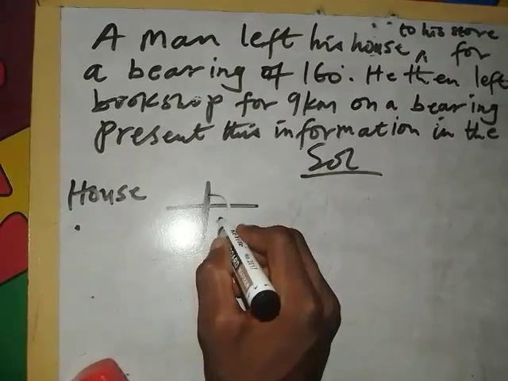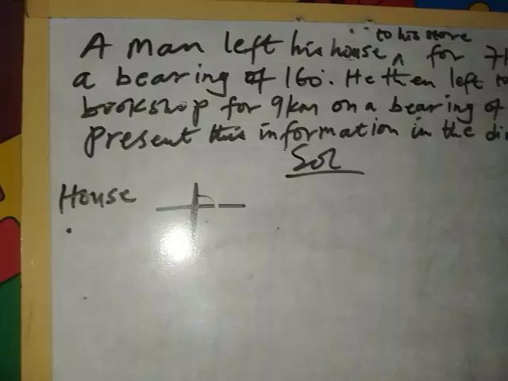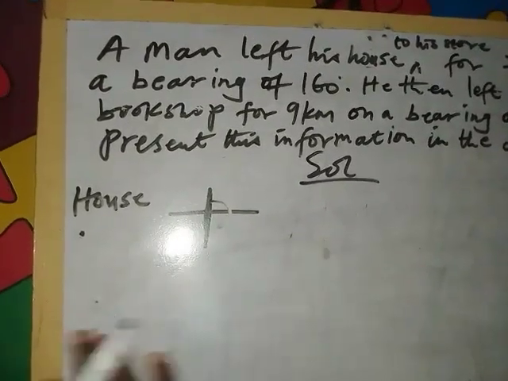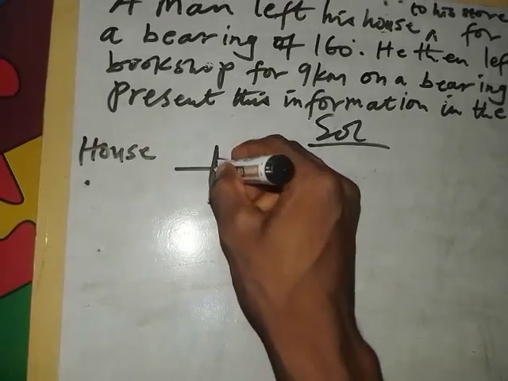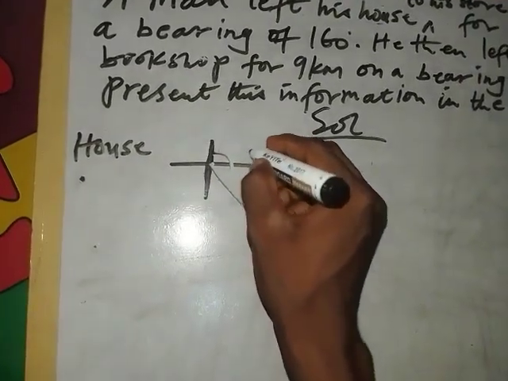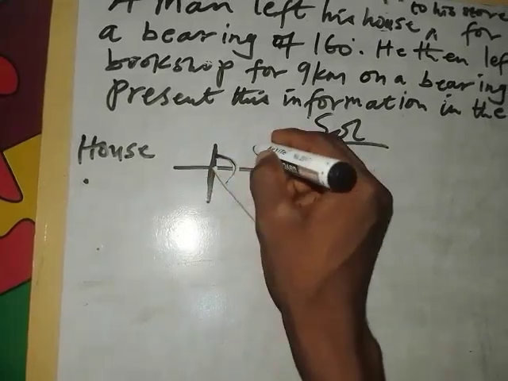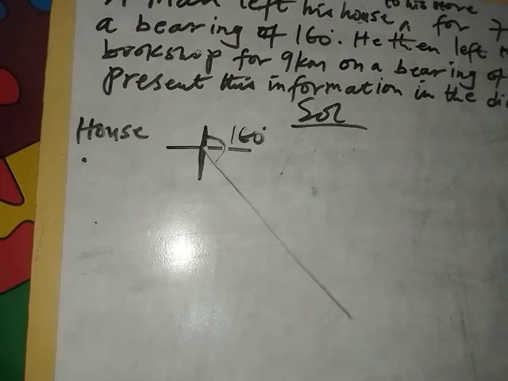Are you getting me? It is 160 degrees. So what you need to do is draw a line from here, and the whole of this, from here to here, is 160 degrees.